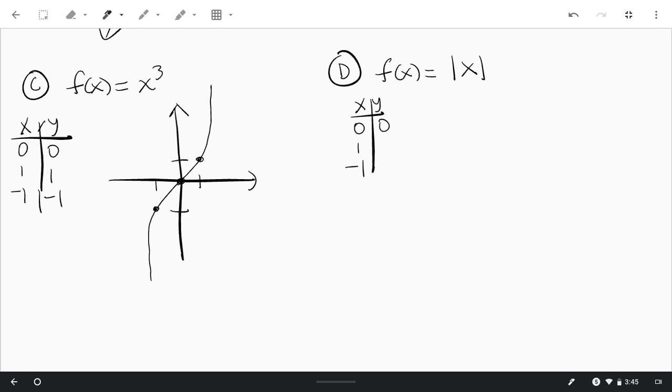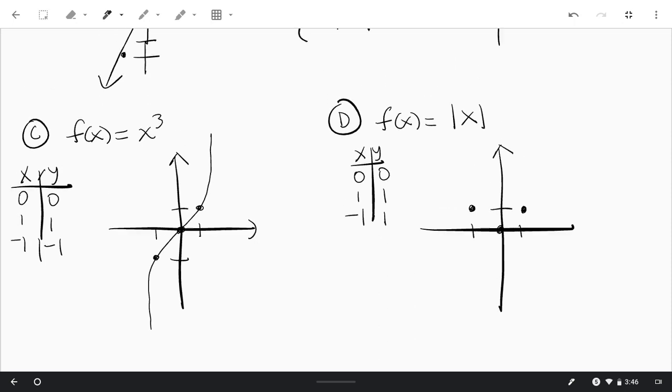When I plug in 1, I get 1. When I plug in -1, remember, absolute value is always positive. So the absolute value of -1 is 1. Okay. And so here I have a point at (0, 0), (1, 1), and (-1, 1).